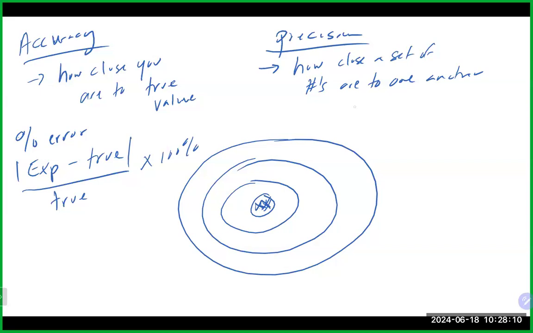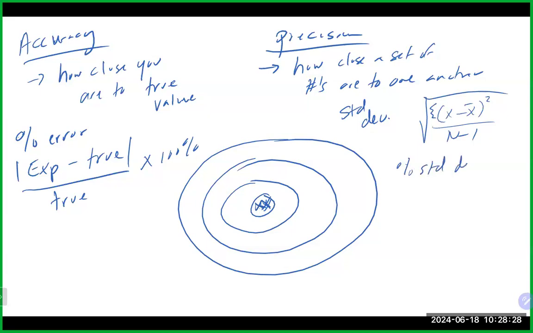Precision, we sometimes look at standard deviation, right? The square root of the sum of your value minus the average, squared, divided by n minus 1. And sometimes we look at percent standard deviation, which is basically your standard deviation divided by your average times 100%.